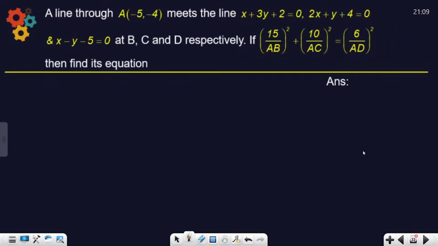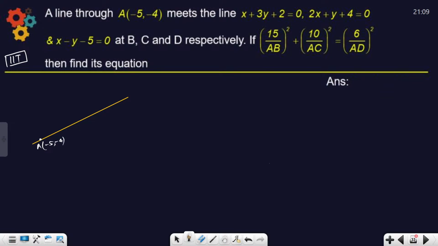This is another sum. A long time back, it came in your IIT. It's a very good sum. Try to think on that. The question is pretty simple. A line is there, which is passing through the point (-5, -4).